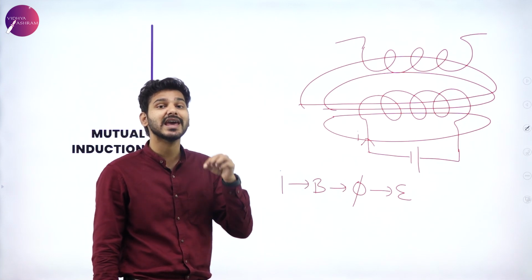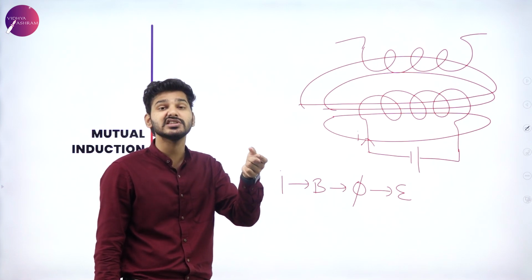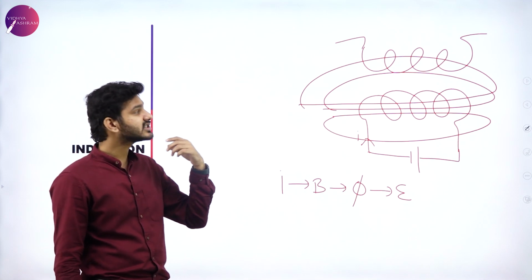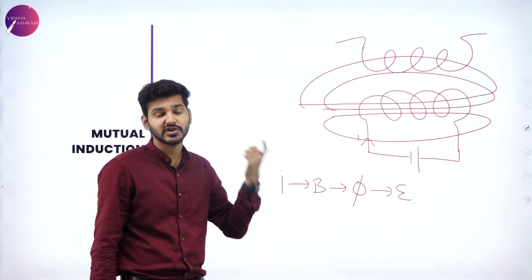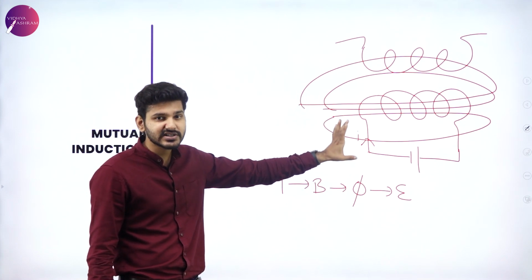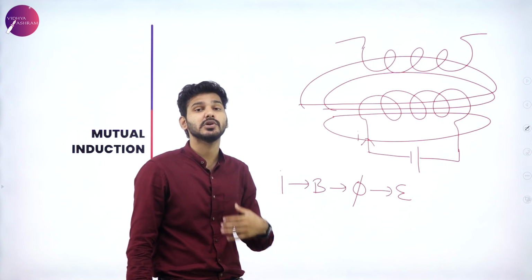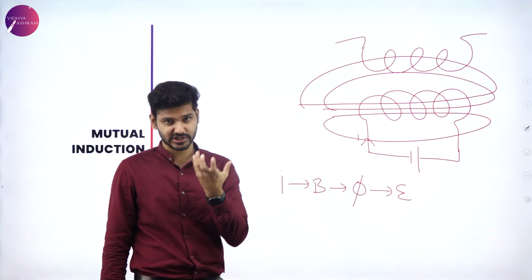But if I'm using an AC circuit, alternating current which changes its direction constantly, then constantly there will be an induction process happening, a change in magnetic flux will be happening. But for now, just understand that it is the change in magnetic flux that is producing this particular EMF, or that is producing this particular induction.